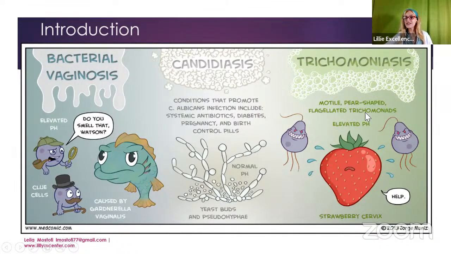You will see here that elevated pH is present. The pH is elevating. As you see, there is the strawberry cervix. So when you see this strawberry cervix, you will go for treatment.